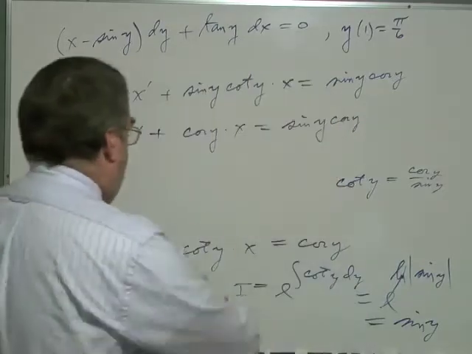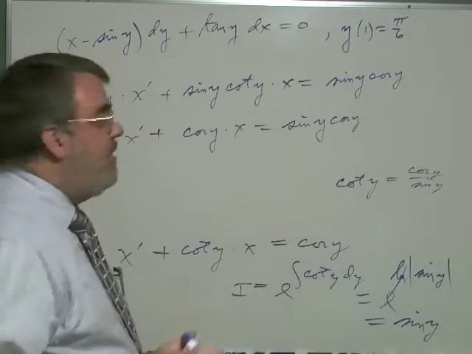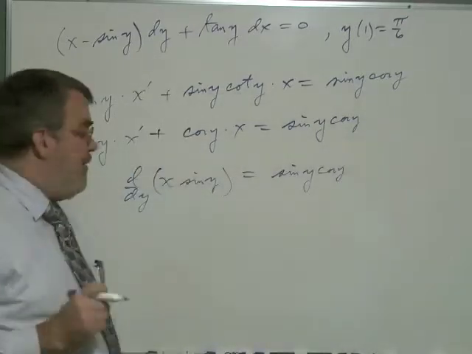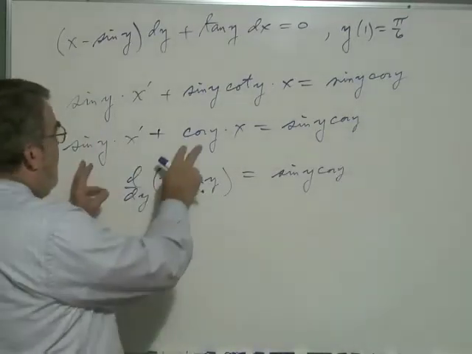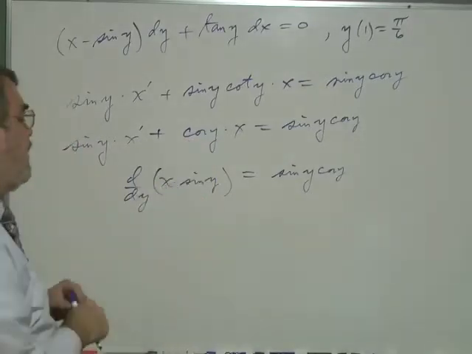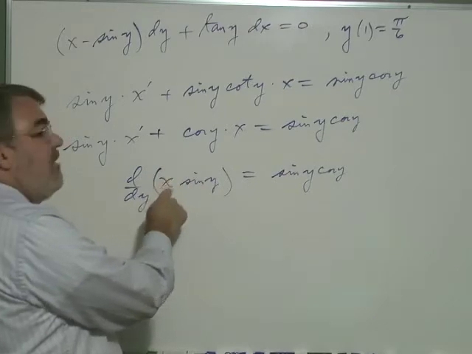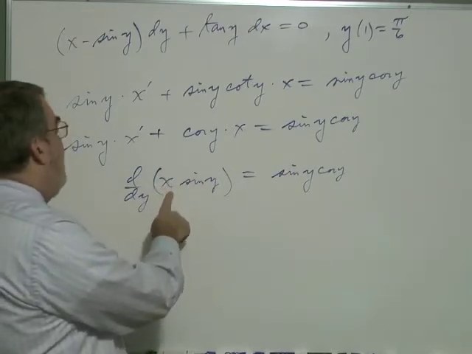Alright, so I'm going to erase this stuff down here and then we'll try to wrap up this problem. So let's check. The left side, after we multiply by the integrating factor, should be the derivative of the integrating factor times our dependent variable x.